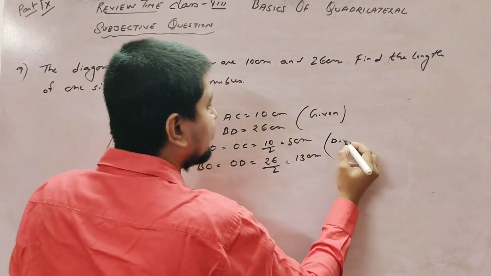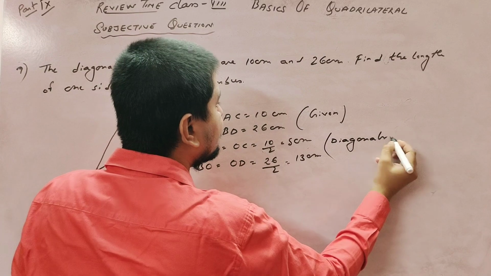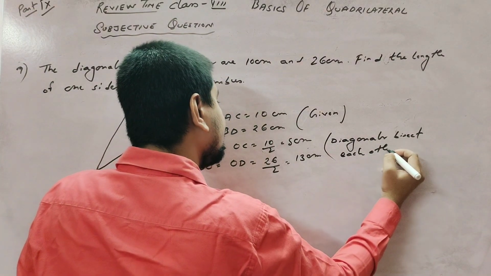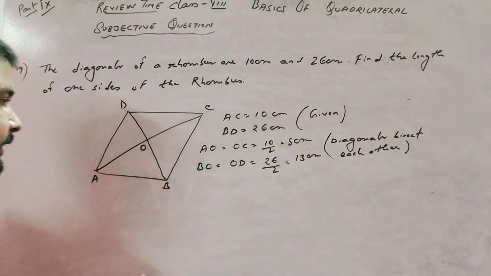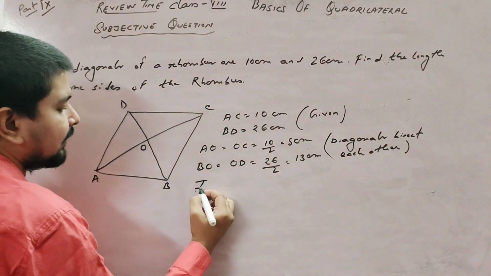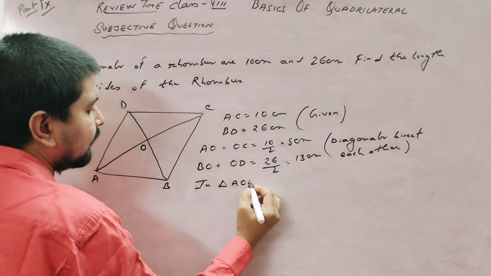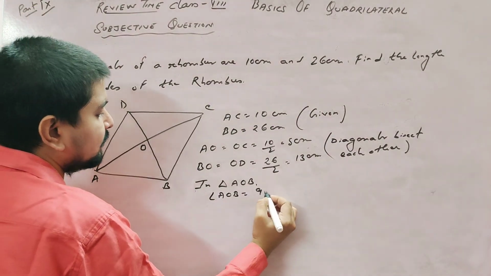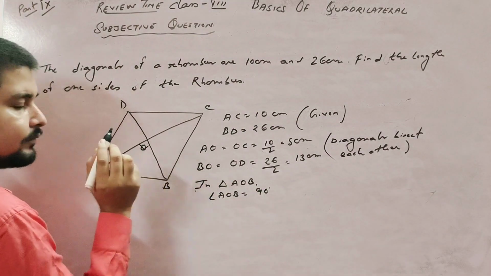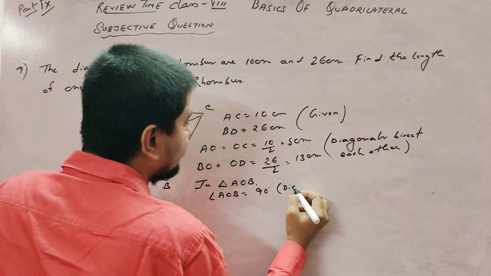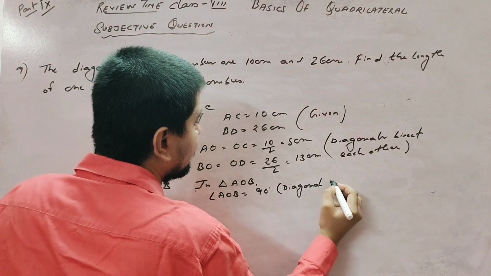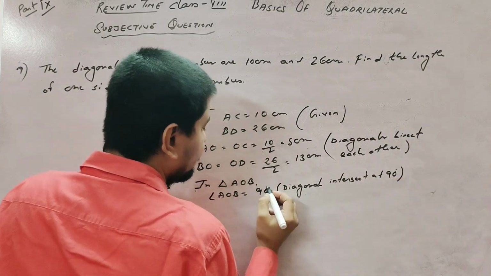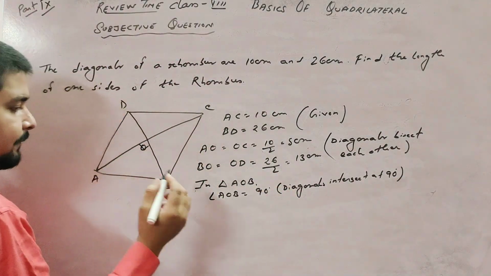We know that diagonals bisect each other. Clear? In triangle AOB, angle AOB equals 90 degrees. Clear? Diagonals intersect at 90 degrees.